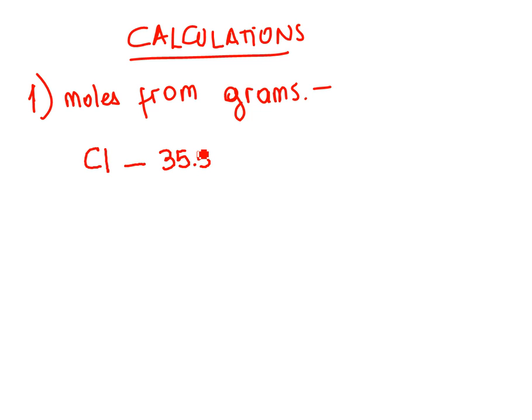What does that mean? That 1 mole of chlorine atoms, not chlorine molecules, okay? It's not the chlorine gas. It's only one atom, or a mole of atoms, is going to have a mass of 35.5 grams.